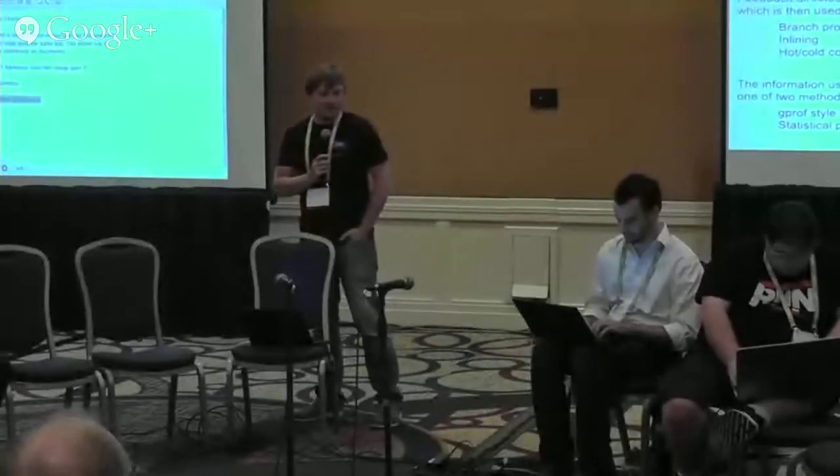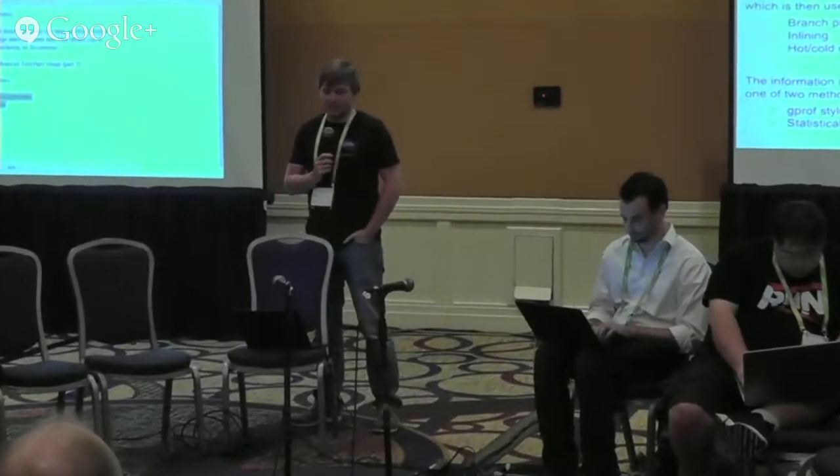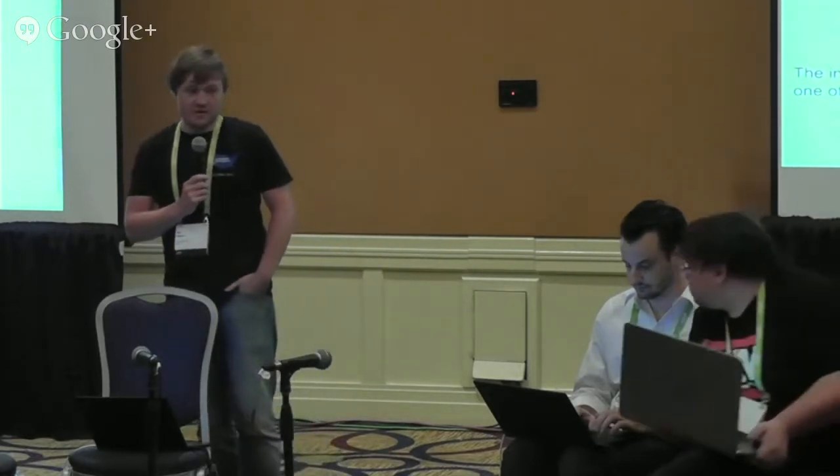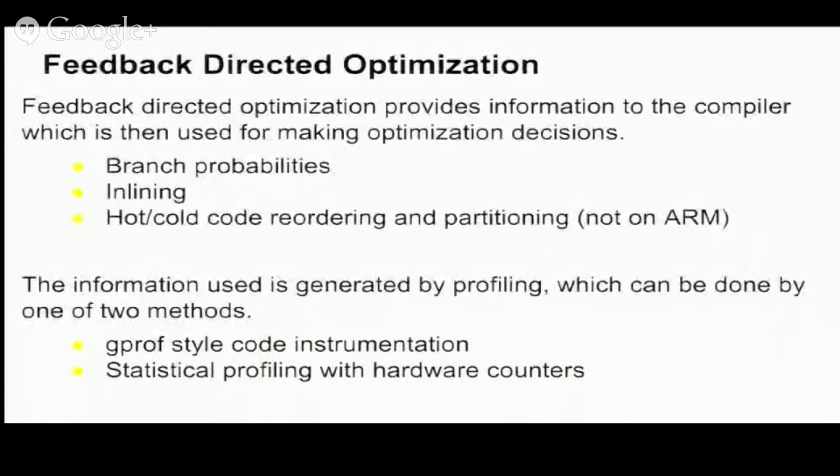Feedback-directed optimization uses runs of programs to collect information which is fed back into the compiler to improve optimization decisions. In GCC, it affects branch probabilities, inlining decisions, and can affect reordering of code into hot and cold portions and partitioning the code. But this doesn't actually work on ARM, and following discussions this morning, it may not actually work on AArch64 either, the actual partitioning part. But you still do get good improvements on the other portions of it.